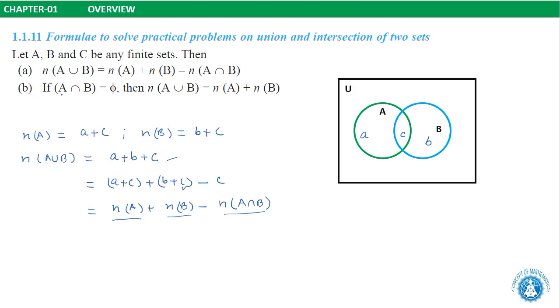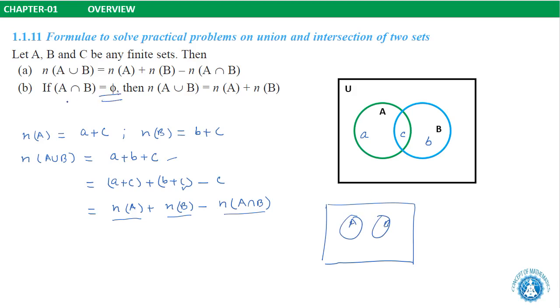So let us consider some special cases. If the intersection of A and B equals the null set, then the number of elements in the union of A and B equals the number of elements in A plus the number of elements in set B. Suppose sets A and B are given here.